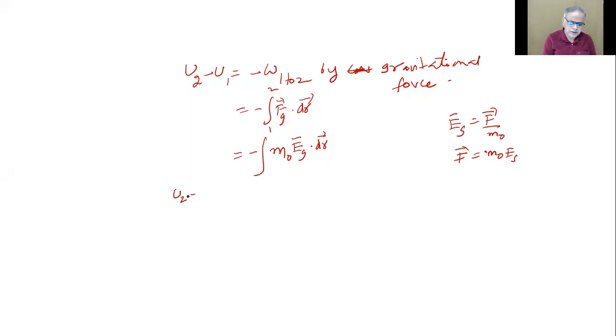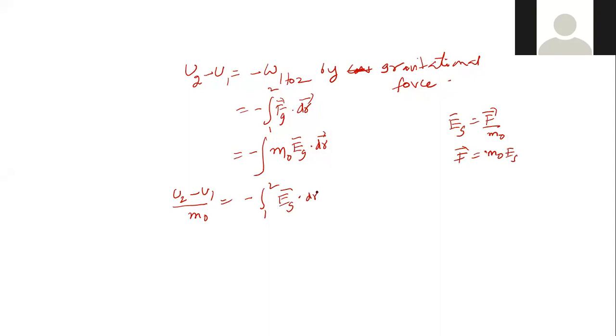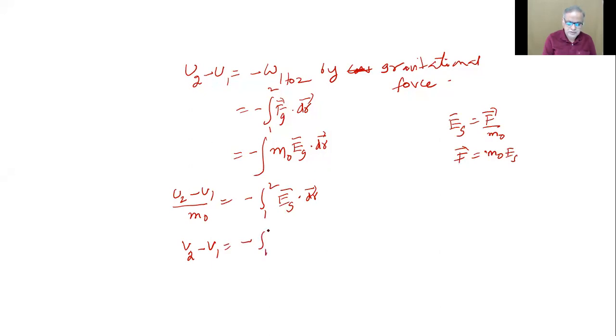So (U2 minus U1) by m naught is equal to what? Minus integral 1 to 2 Eg dot dr. This will be written as V2 minus V1 equals minus integral 1 to 2 Eg dot dr.